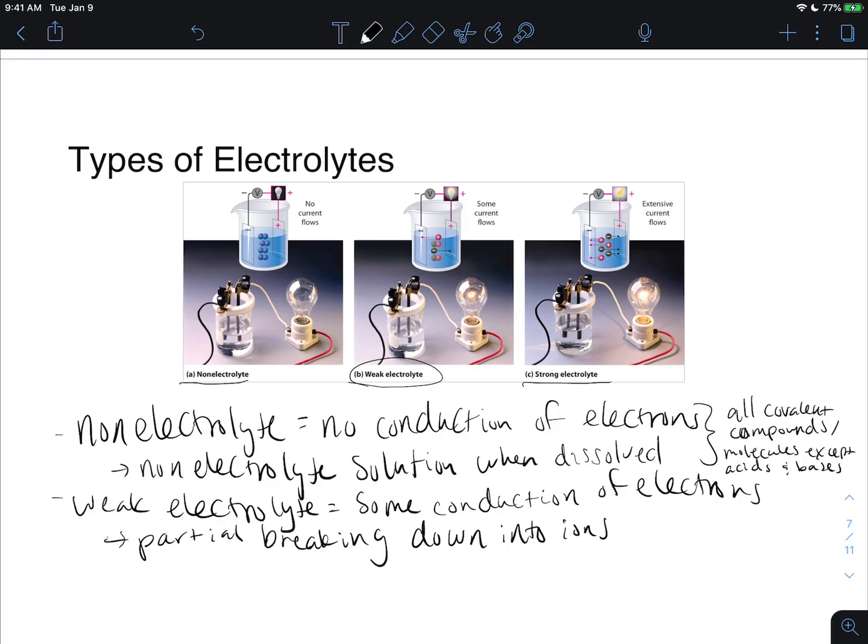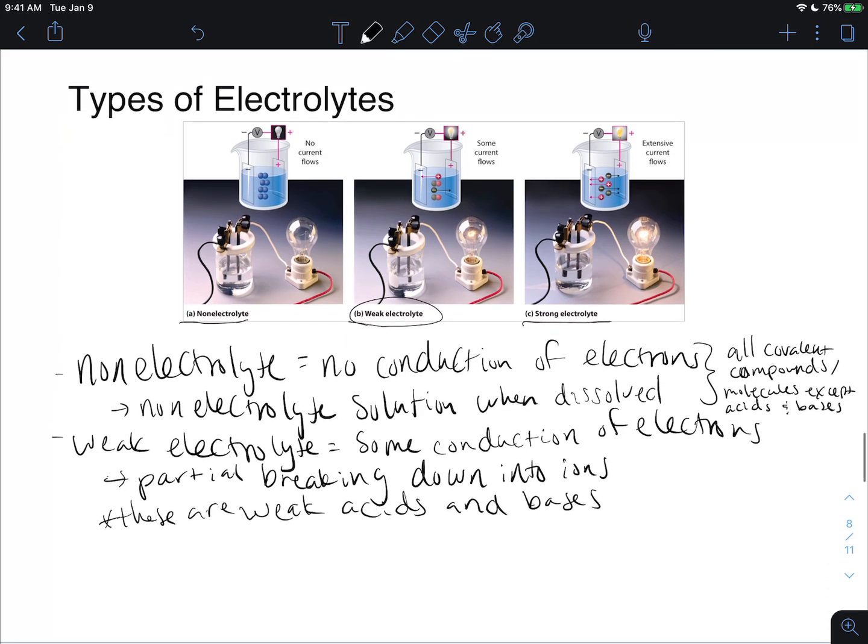Our weak electrolytes are going to be weak acids and bases. And when we dissolve these weak acids and bases in water, we produce a weak electrolyte solution.